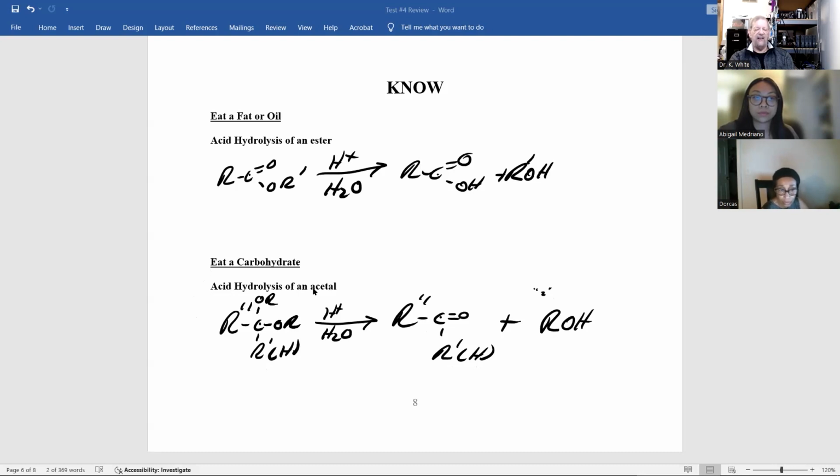And that's acid hydrolysis of an acetal. Here's the acetal or ketal, acid and water, and you get back the aldehyde or ketone plus the alcohol you would have used to make that acetal. Turns out they're in the same molecule we call glucose.